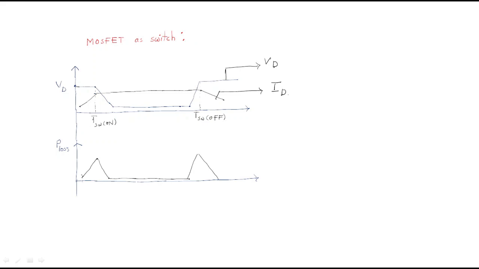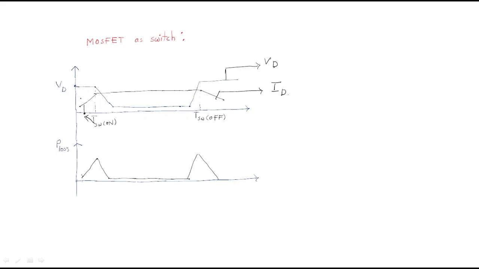Look here, initially the drain voltage is low and not switching. Maybe this point is the on switch, for example.